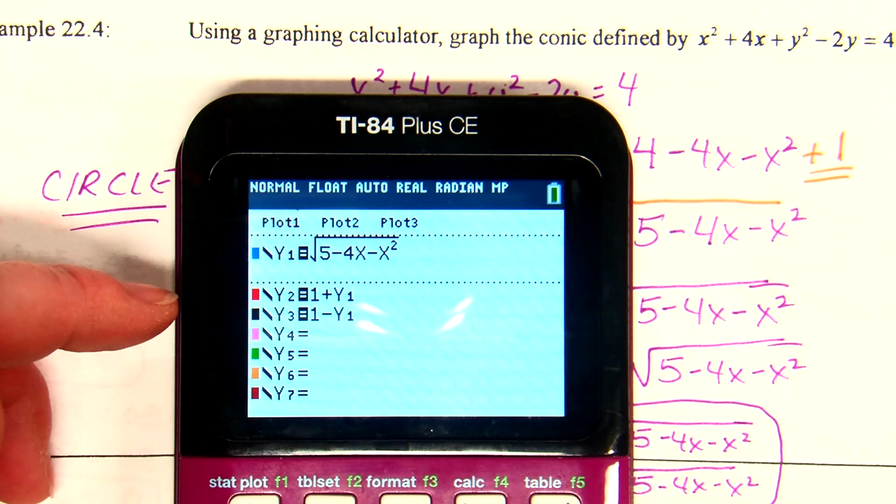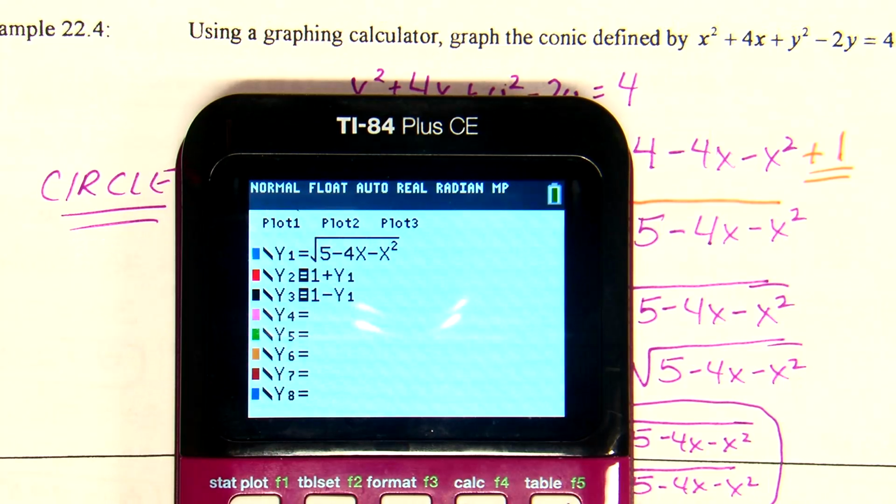So you can turn one of your lines on or off. Does that make sense? How it's helpful is if you're doing a homework with a whole bunch of graphs and you want to ask a question about a graph the next day, so you don't want to delete it, but you still want to keep going on your homework. So you can turn graphs on and off by highlighting or unhighlighting that equal sign.